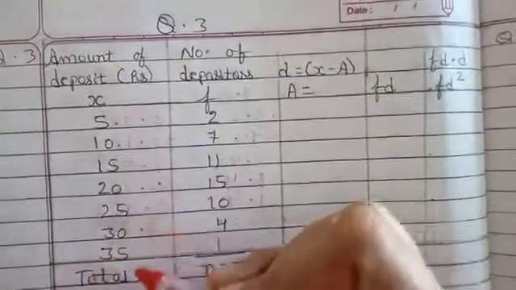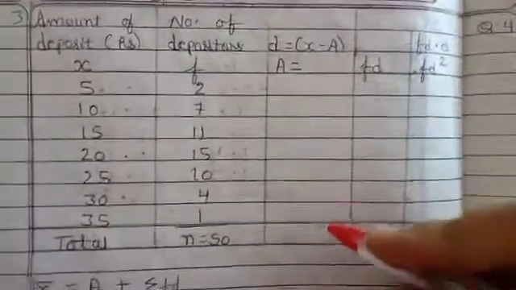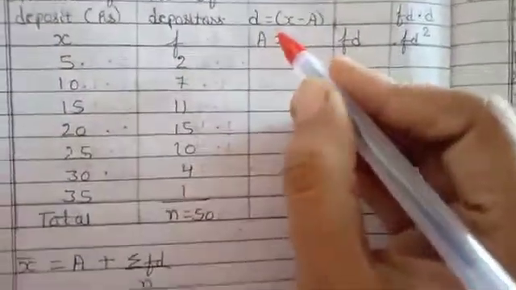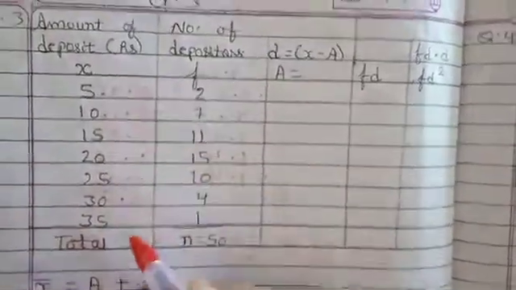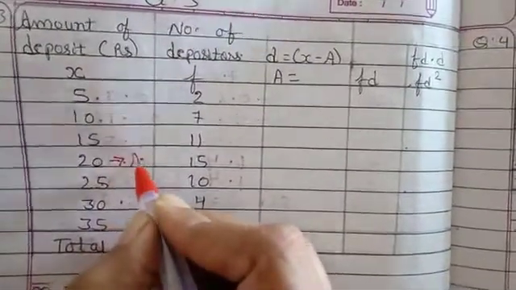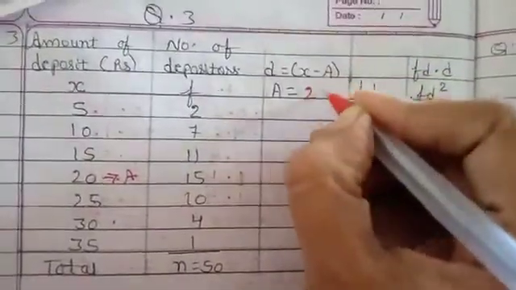So X is given to us in the question, and the number of depositors, that is F, is also given to us in the question. Now first of all, I'll find out my D. A I have to assume, so I am assuming it as 20. Now my assumed mean is 20.